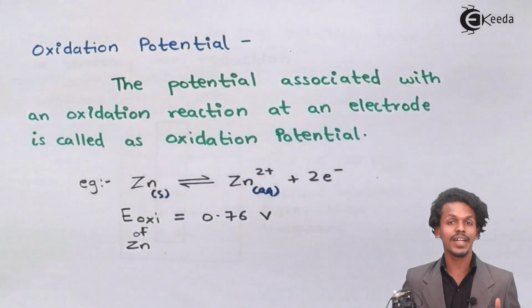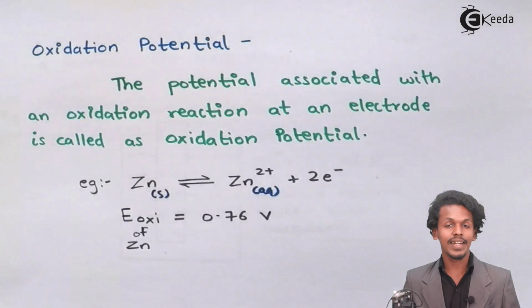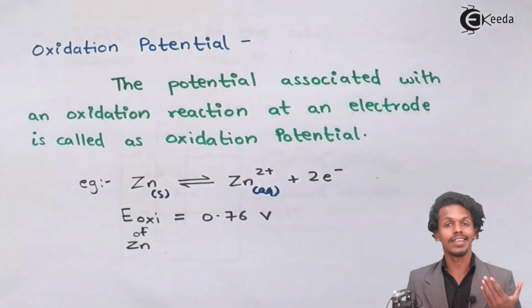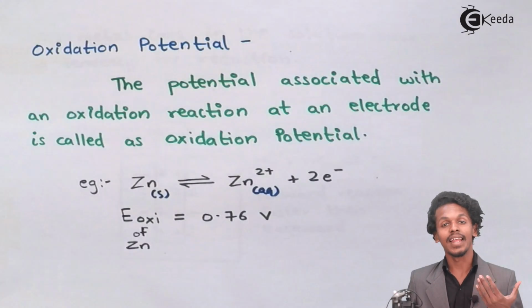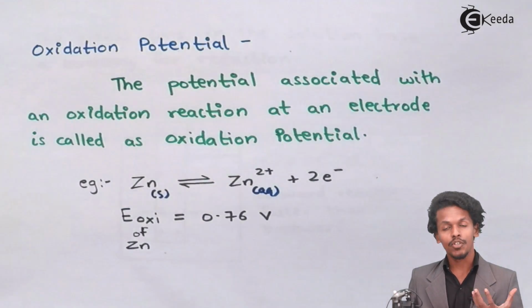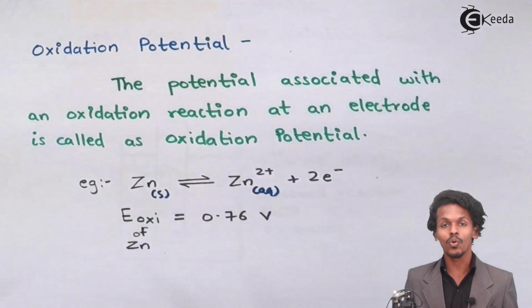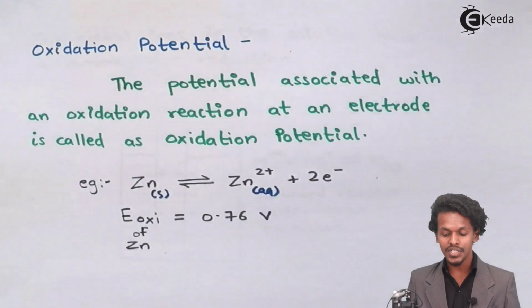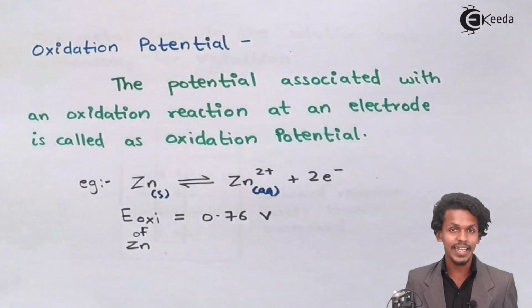This is the kind of double layer and potential generated when zinc undergoes oxidation, and this happens when the zinc is placed in a solution of ZnSO4, a salt solution. So this was the oxidation potential of an electrode.